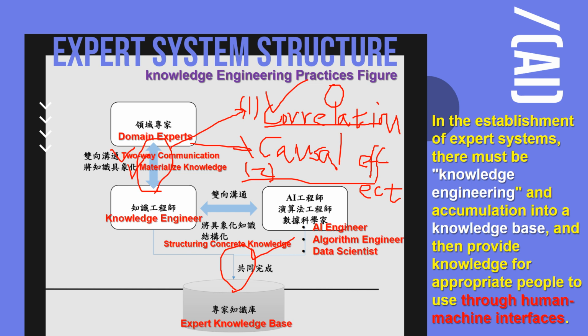Also the knowledge engineer has a two-way communication, 双向沟通, with the AI engineer, algorithm engineer, 演算法工程师, and the data scientist, 数据科学家. They structure concrete knowledge, and they will mutually accomplish the expert knowledge base. It's called a knowledge engineering practice. And I have a description right here; you can read through by yourself.